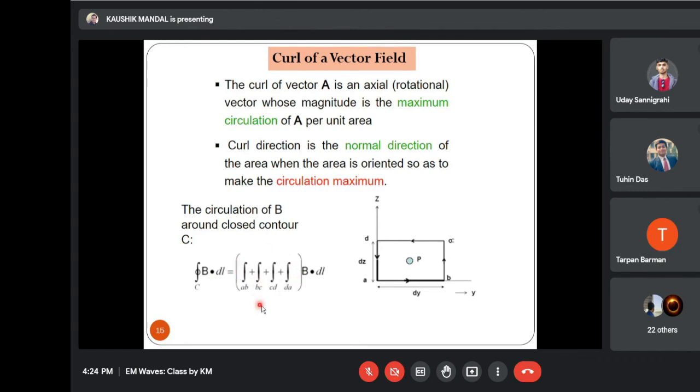If you start from this point, you have to integrate from a to b, then from b to c, then from c to d, and then from d to a. So it's the rotational vector, representing the circular motion to cover a particular closed path or closed contour.